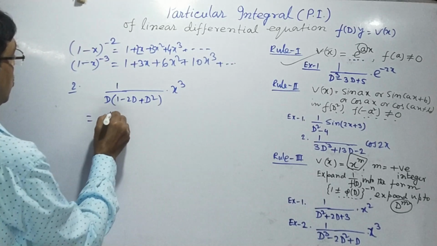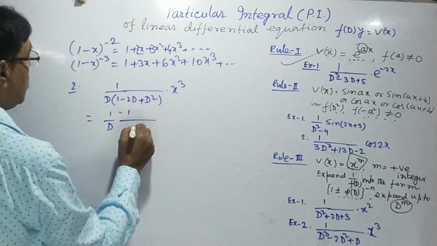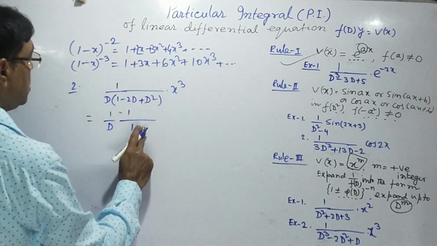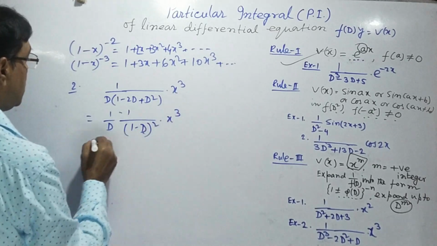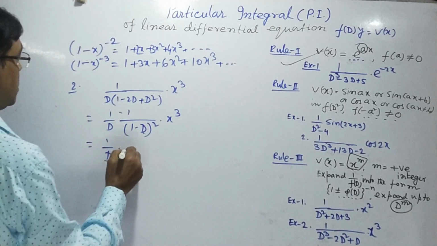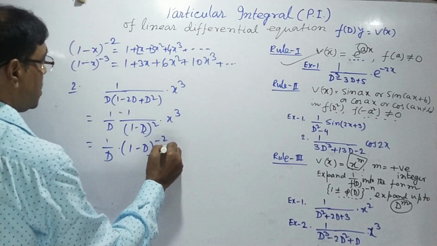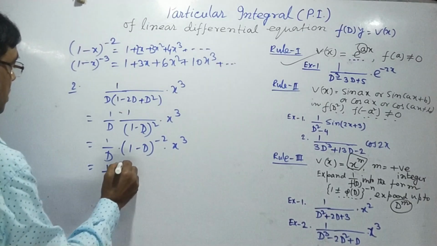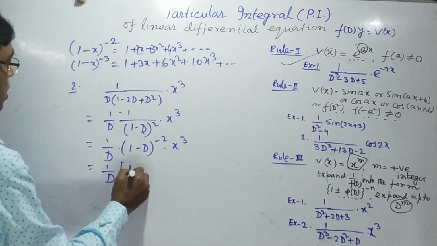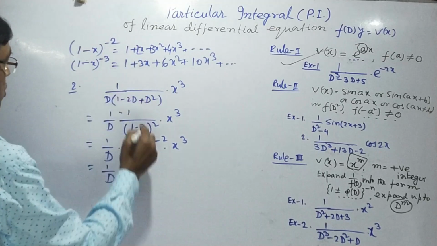This equals 1 by D, 1 by (1 minus D) square into x cube, that is 1 by D into (1 minus D) to the power minus 2 x cube. This is of the form 1 plus 2D plus 3D square plus 4D cube.